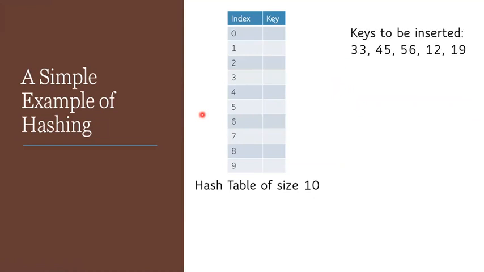Then you require some keys, and these are the keys that should be inserted into the hash table, and you require a hash function. The hash function is a formula that you will apply to the key in order to find out which index you should insert that key into. So that is what a hash function does in a hash table.